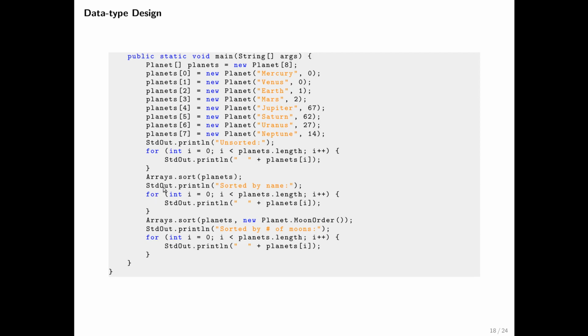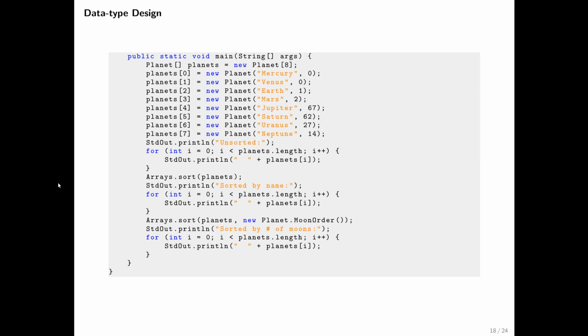And then we make a call to the static method sort inside of the Arrays data type from the java.util package, and that simply sorts the planets. But now the question is, how is it sorting? What is the criterion that sort uses to sort planets?